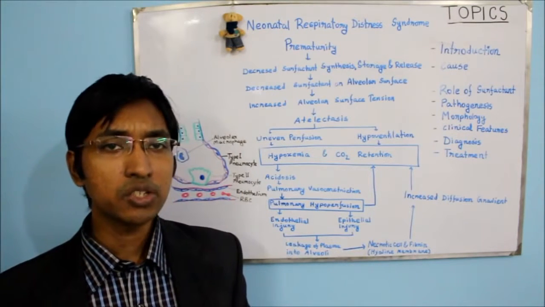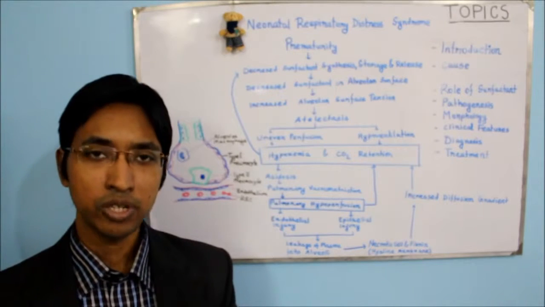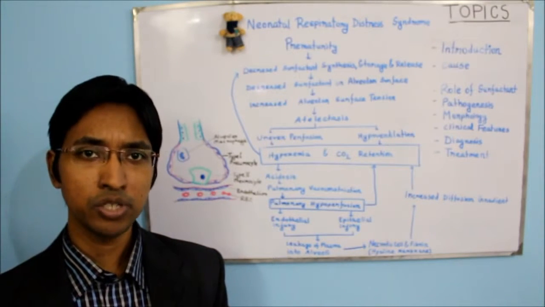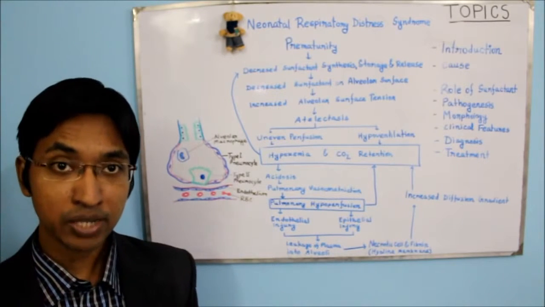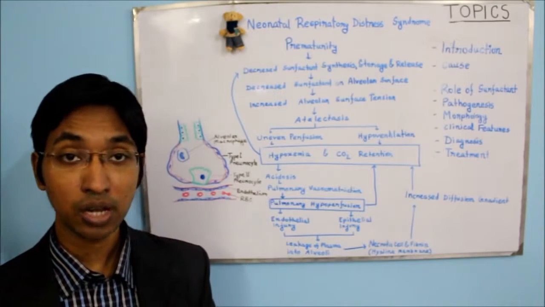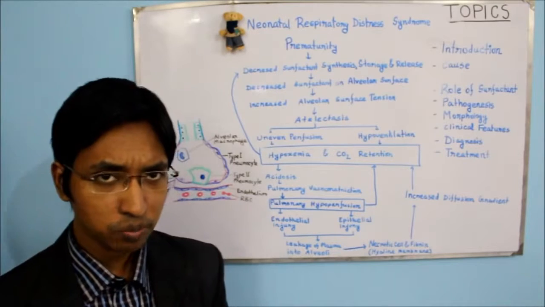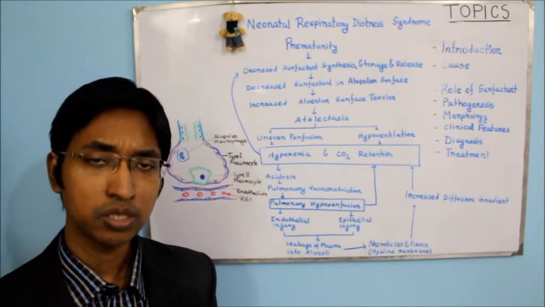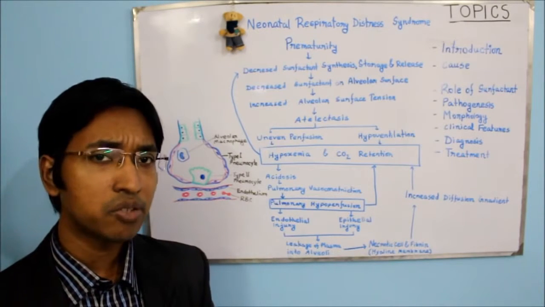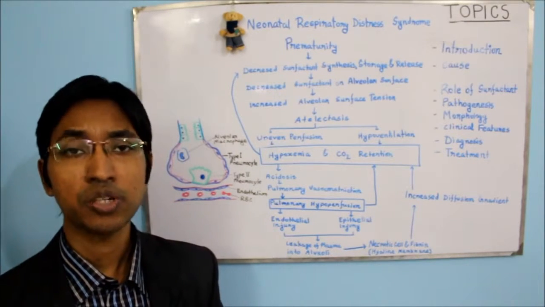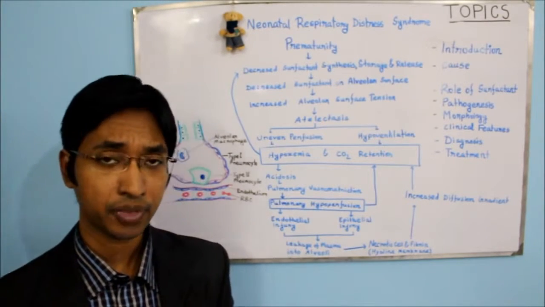Now, why do we need to reduce the surface tension of the alveoli? The reason is surfactant, by reducing the surface tension of the lung alveoli, prevents collapse of the lung alveoli at the end of every expiration. Now always remember, at the time of birth, when the baby is breathing for the very first time, the baby requires high inspiratory pressure to expand the lungs for the very first time.